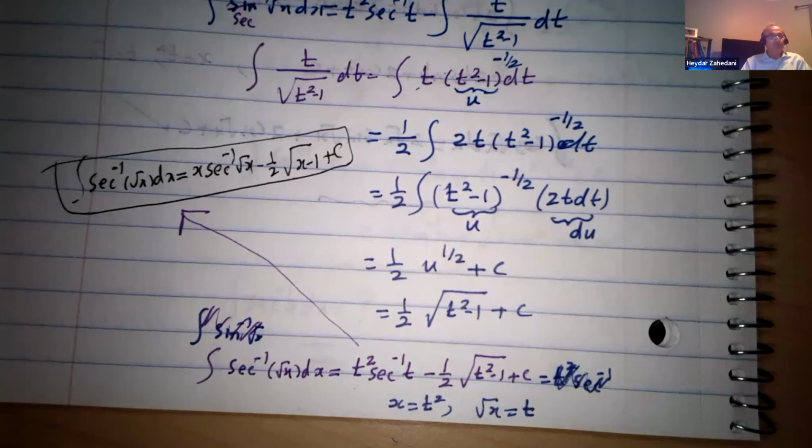You can come to the Zoom, but you have to email me in advance so we can arrange a time to come together and explain it for you again. Because this integration by parts is going to be very important, really. We're going to have some other techniques, but this is the one. If you want to go on and take calculus 3, we need quite a lot of it over there.